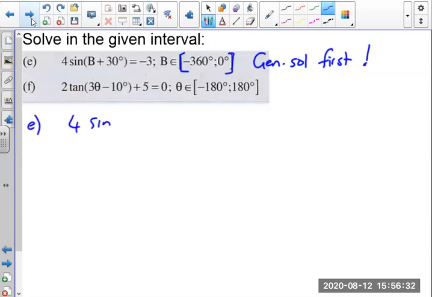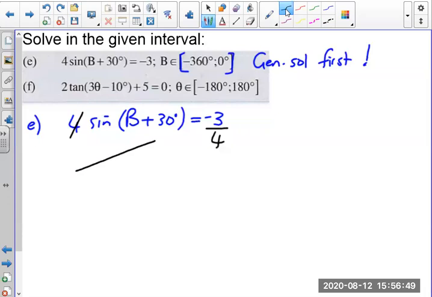4 sine b plus 30 is equal to minus 3. Divide this 4 away. And now I can do my 2 legs. So my angle is b plus 30 equals, what's my method to get rid of sine?